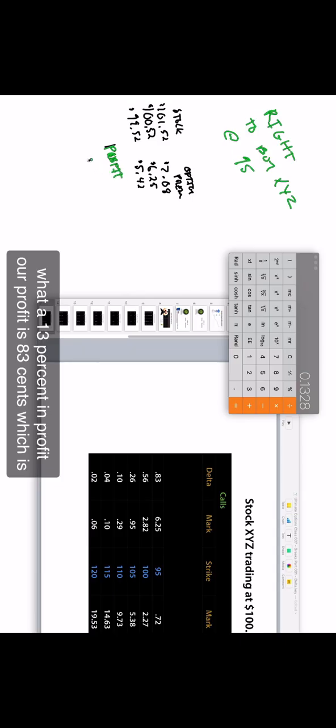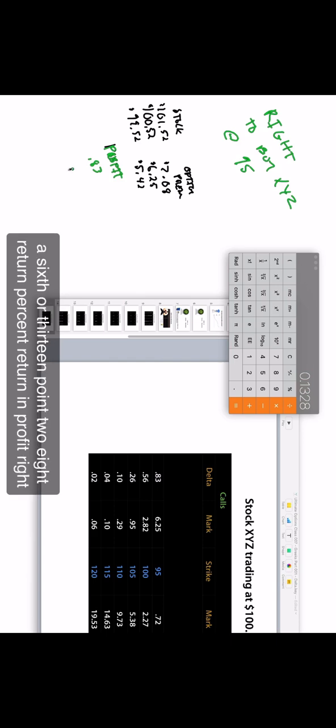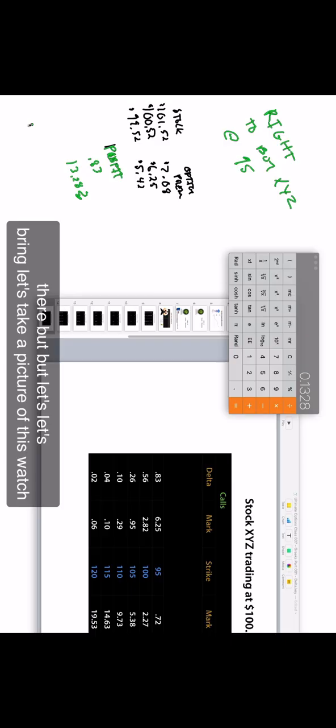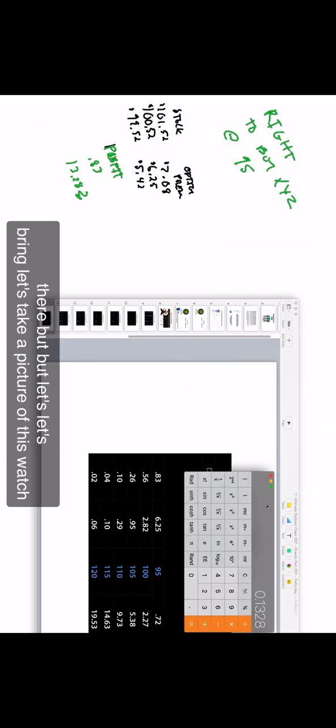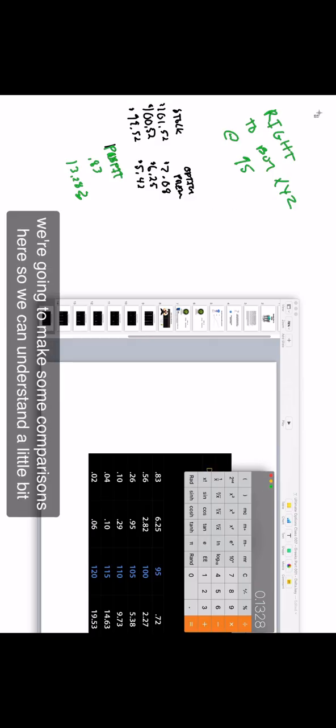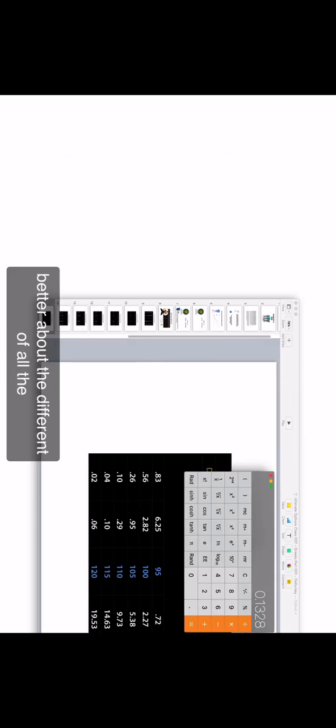Our profit is 83 cents, which is a 13.28% return in profit right there. But let's take a picture of this. We're going to make some comparisons here so we can understand a little bit better the difference of all these.